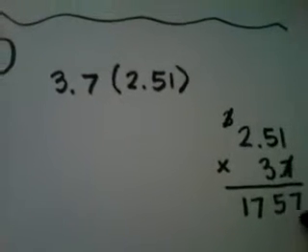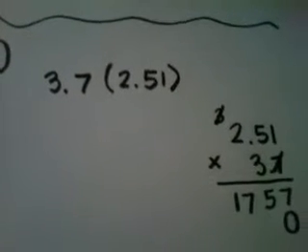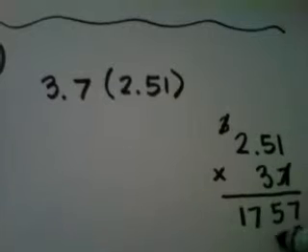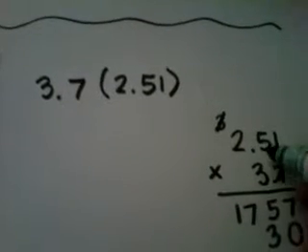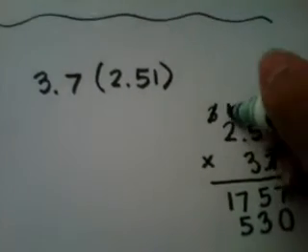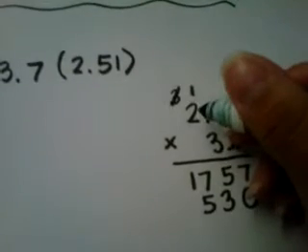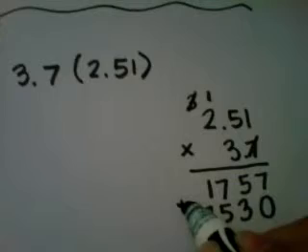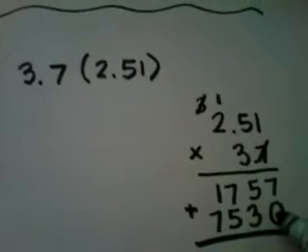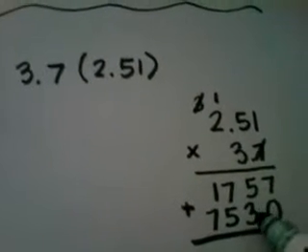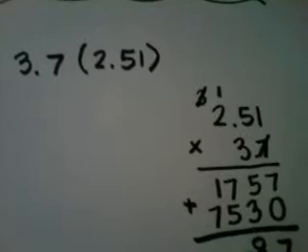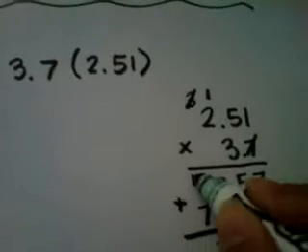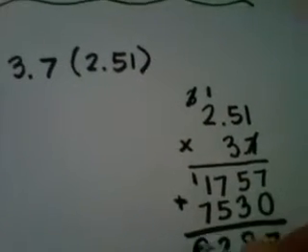I'm going to move on to my next place value, so I'm going to hold that place and go 3 times 1 is 3, 3 times 5 is 15, carry my 1, 3 times 2 is 6, plus 1 is 7. I'm going to add those two products together. 7 plus 0 is 7, 5 plus 3 is 8, 7 plus 5 is 12, carry the 1, 1 plus 1 is 2, plus 7 is 9.